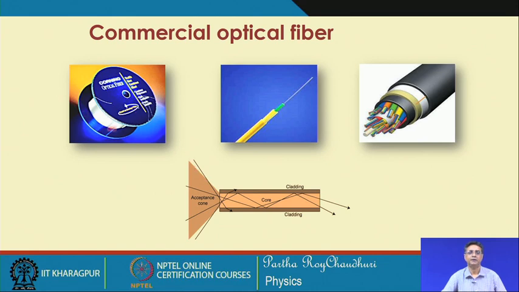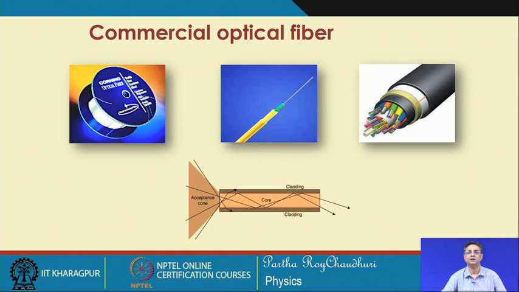You might have seen this mandrel of optical fibers. This is a picture from Corning Glass, USA, containing a roll of fiber, and this is a single fiber which is protected with an acrylate jacket and a strength member.